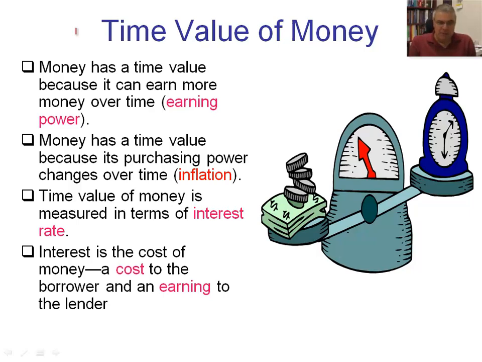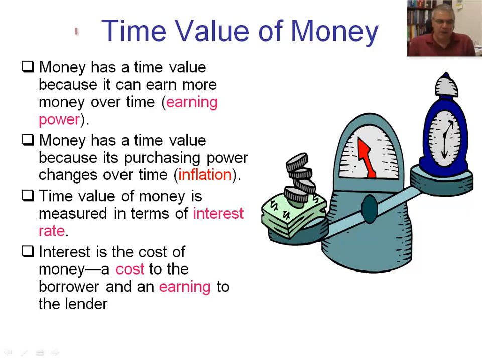The change in the purchasing power of the money, in order to put it in simple terms, is called inflation. What is an interest rate? Time value of money is measured in terms of interest rate. That's the rate at which the interest would actually be calculated on the money. And interest is the cost of money.